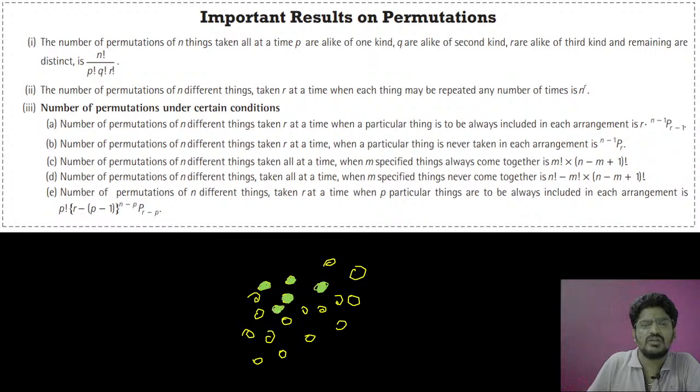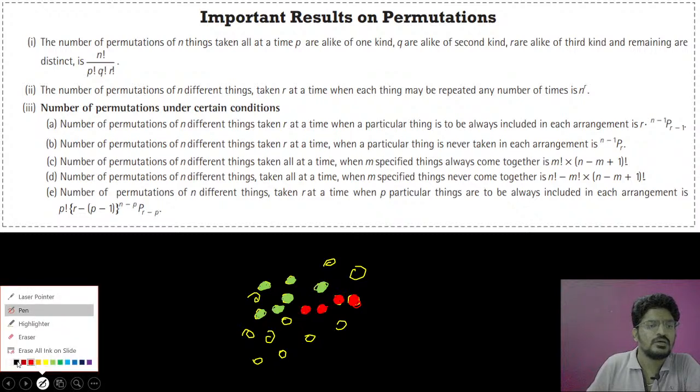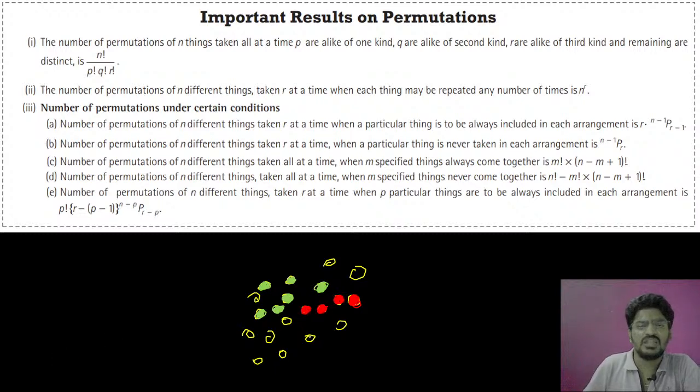And there are some objects which are of the second kind. And some are of another different kind, like this. Clear?